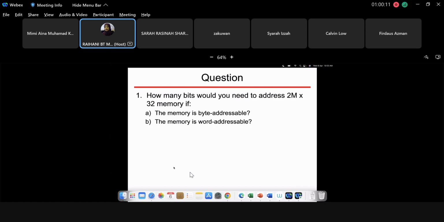Siapa lagi yang tak clear? I can just write it down here. For A, macam ni. Okay, for A, mula-mula you settlekan 1 million, alright? So it's equal to 2 to the power of 20.